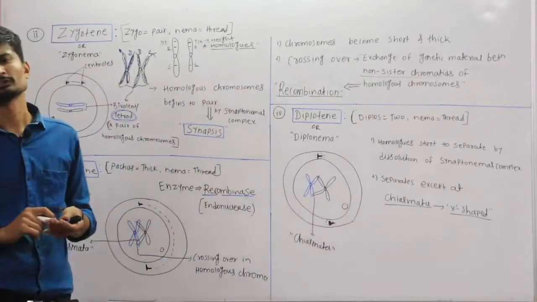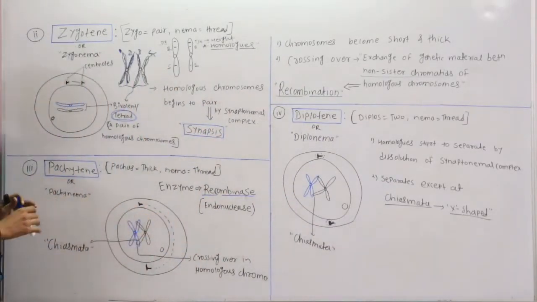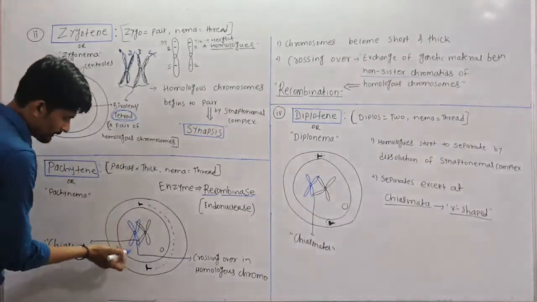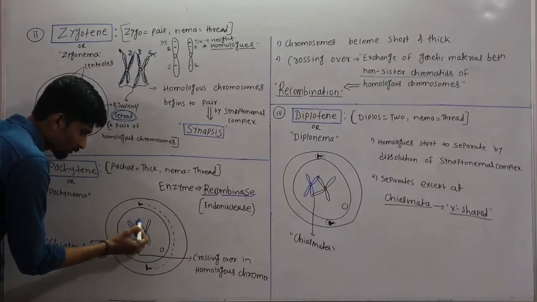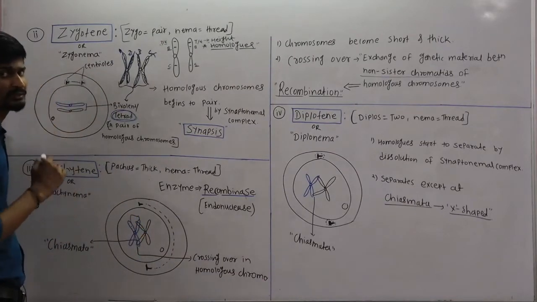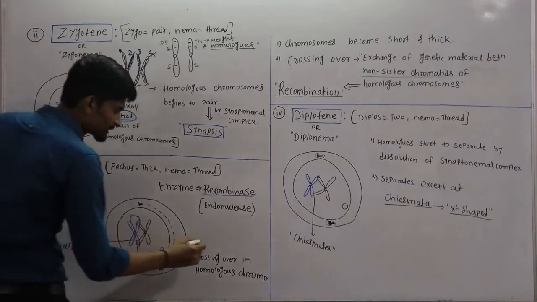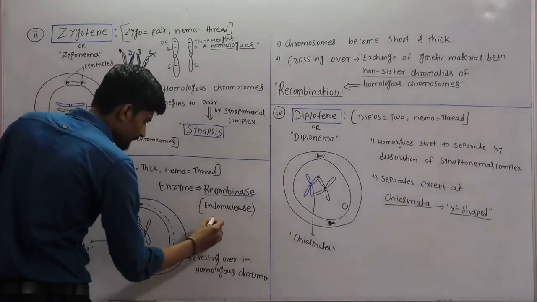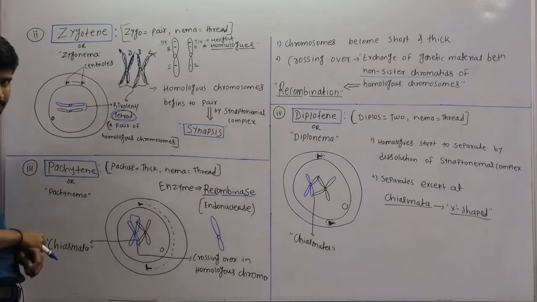What are actually the non-sister chromatids? Now look at this diagram. These and these are the sister chromatids. These and these are sister chromatids. Why are these sister chromatids? Because during the duplication of the DNA, the chromosome has only one single thread.